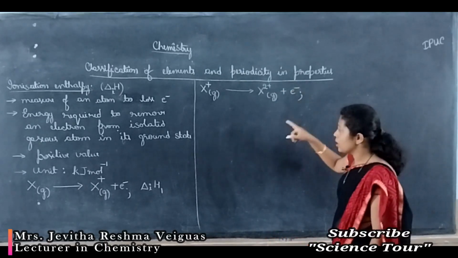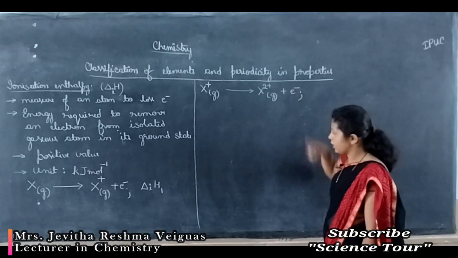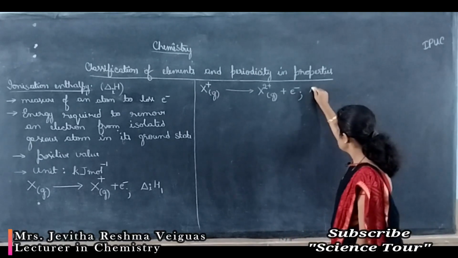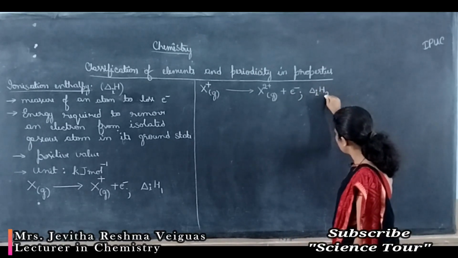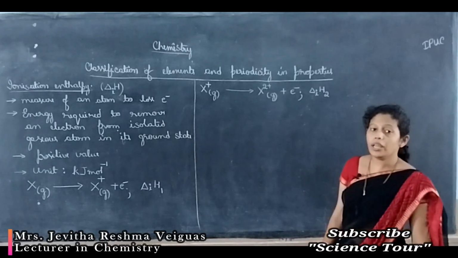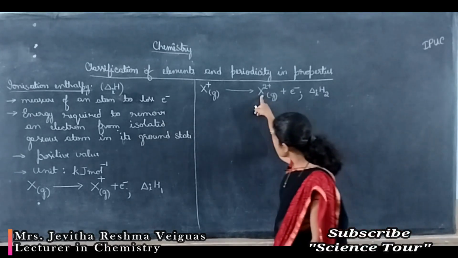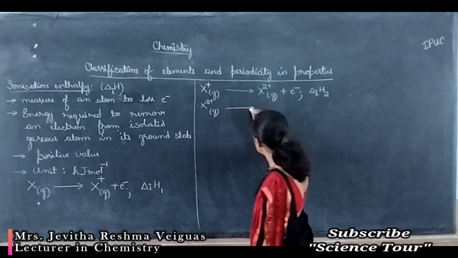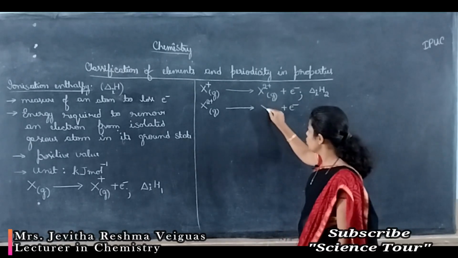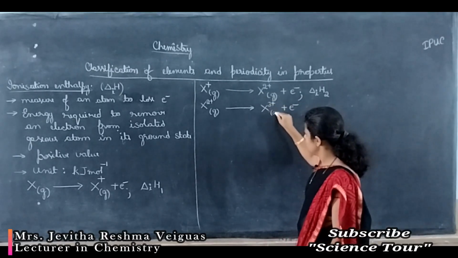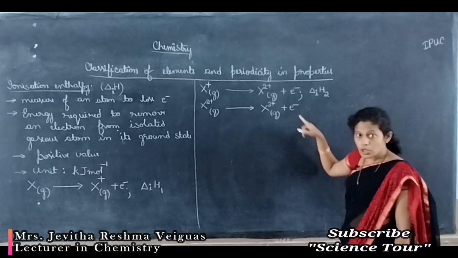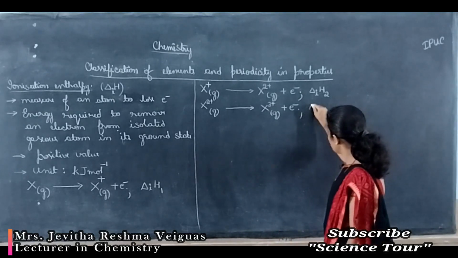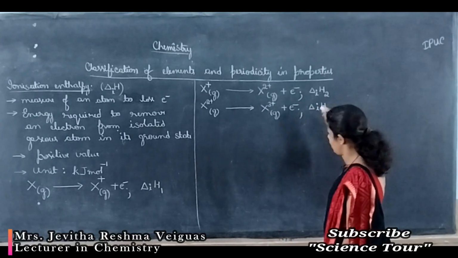Energy required to remove an electron from monopositive gaseous ion is second ionization enthalpy, which I'll represent as delta IH2. Now let me consider this dipositive ion X2 plus, from which I'll remove an electron. At that time what I get is X3 plus gas. So now energy required to remove an electron from dipositive ion is called the third ionization enthalpy.